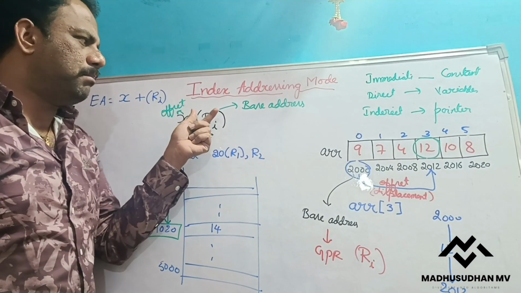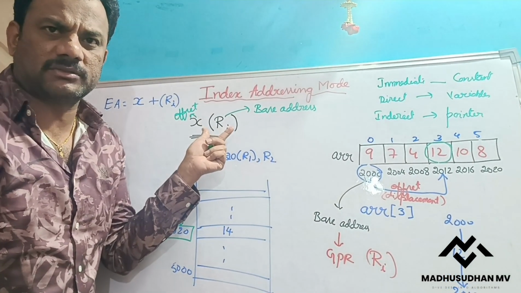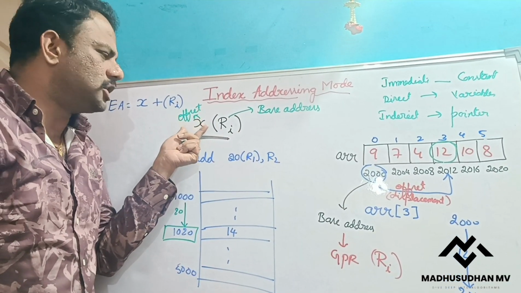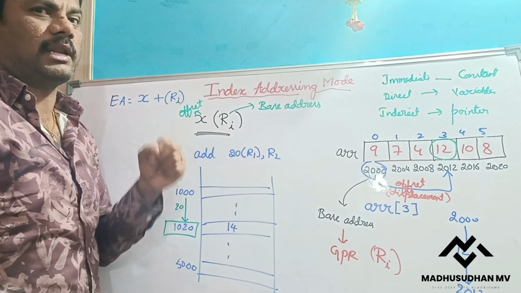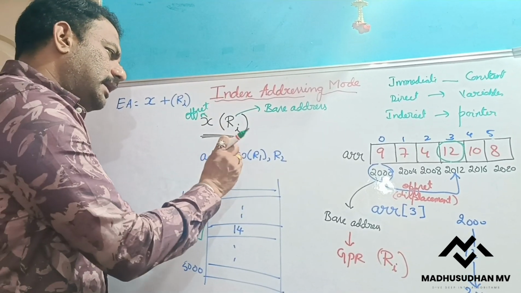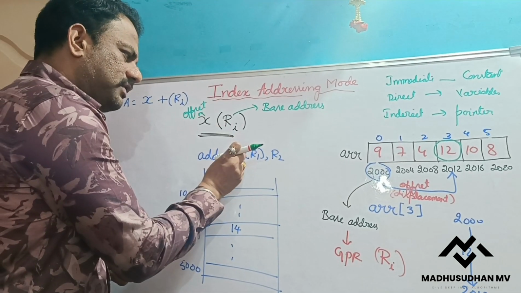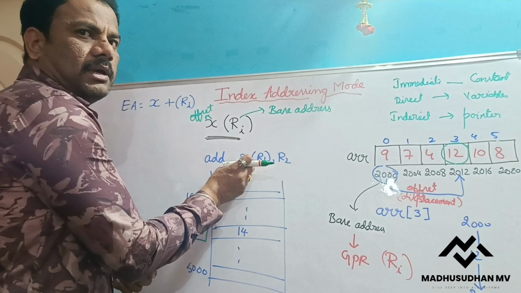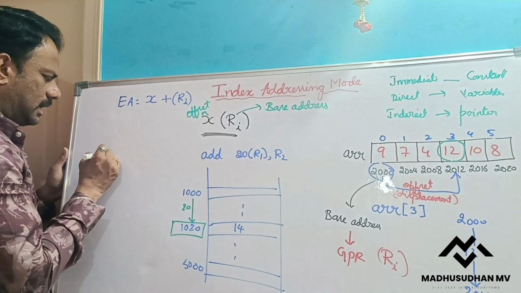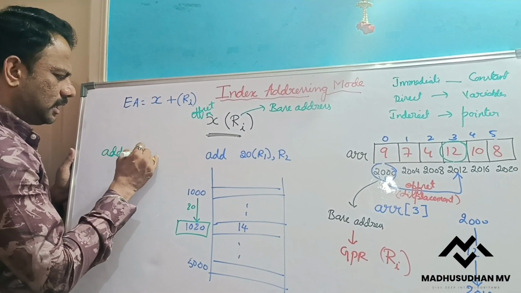If you store the base address in one general purpose register and mention the offset address as a constant like this, then it is index. Now you can ask, can we write the index, that is the offset address, inside the register, and the starting address as a constant? We can write it like this: add 1000(R1), R2.